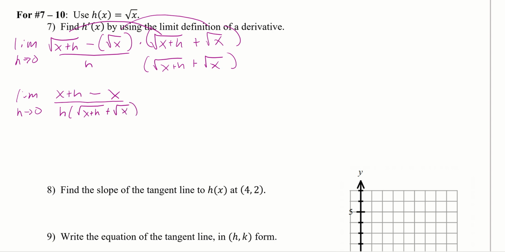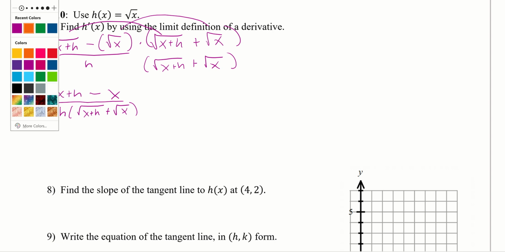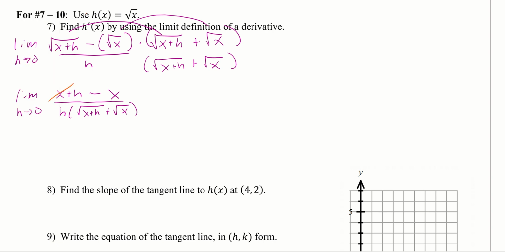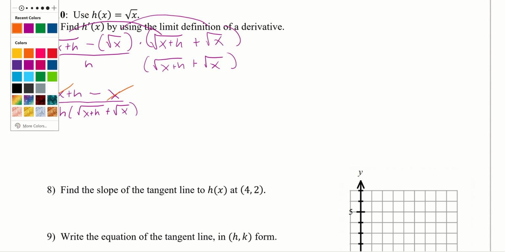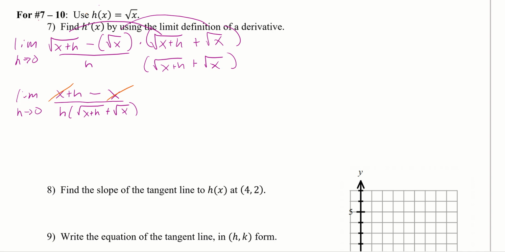Put them next to each other, but don't distribute in the h yet. Now, in the numerator, you're going to notice that these cancel, and then I'm left with h over h and all that extra stuff. Ask your teacher if they are okay with it, but I'm okay if you cancel the h's at this point too. But just to show you, you'd have h over this, root of x plus h plus root x.